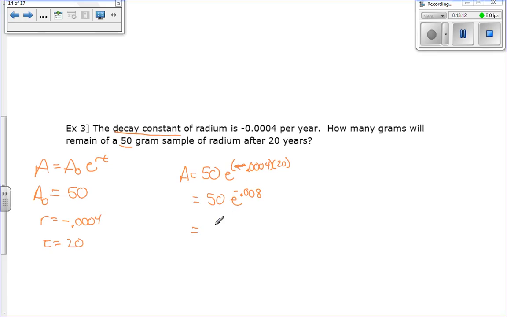Now this becomes a calculator problem. So it's 50, parentheses, e caret, parentheses, negative 0.008, close parentheses, close parentheses. And in this case, it doesn't tell me what to round to, but we're going to go to the nearest tenth. So it is 49.6 grams.